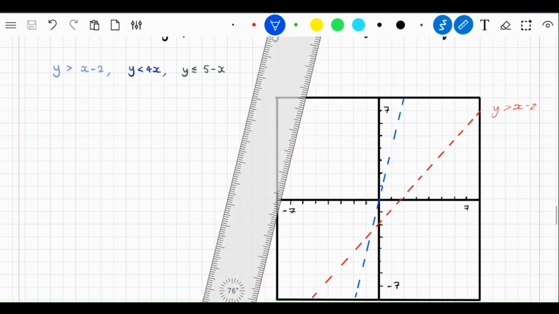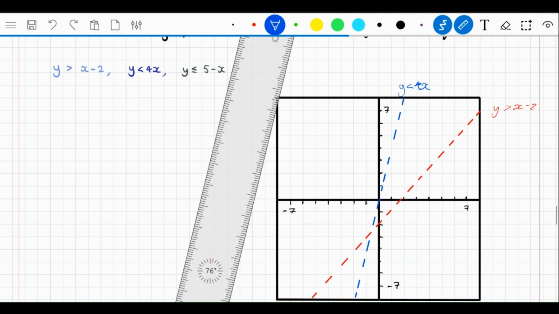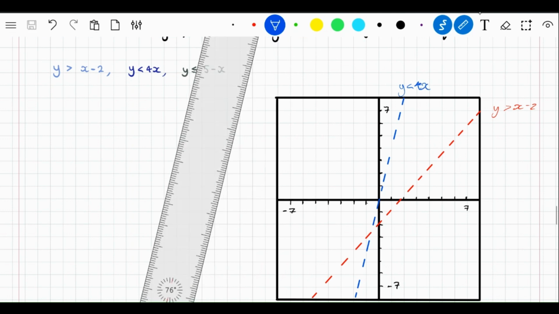There we go. Then we label that one. As you can see, it goes across by 1, and it's going up by 4 there.